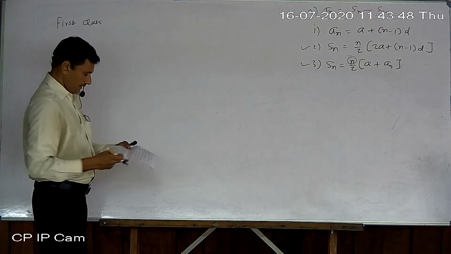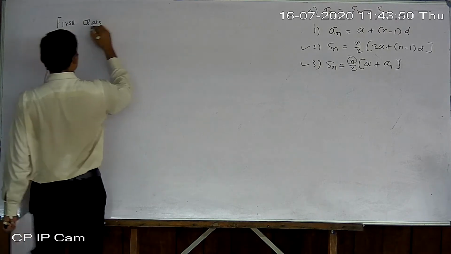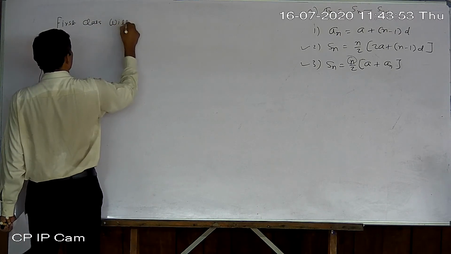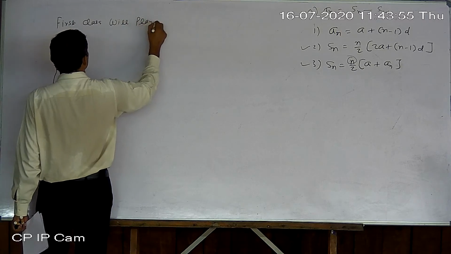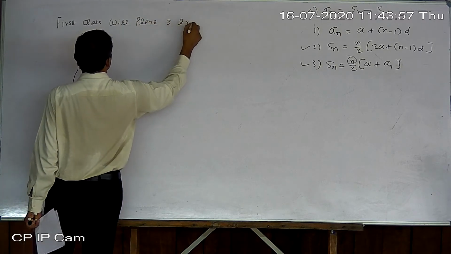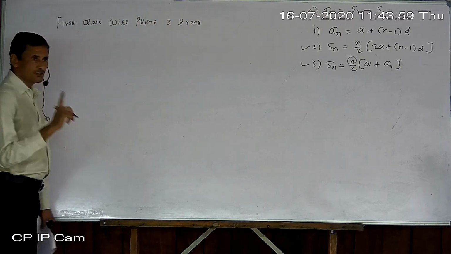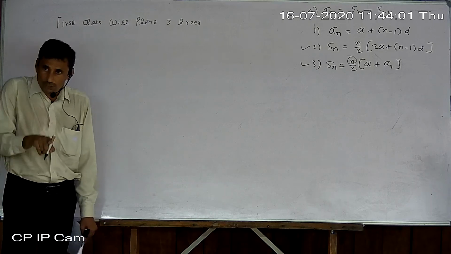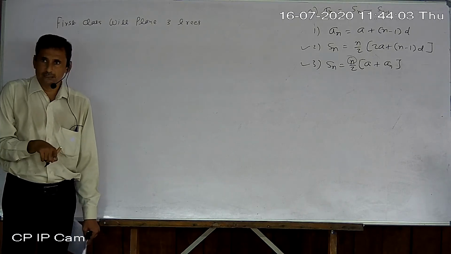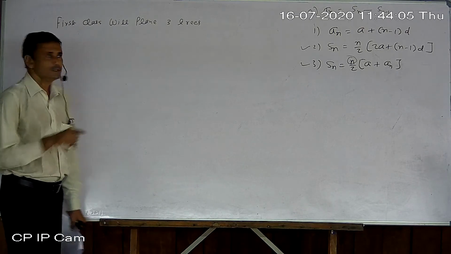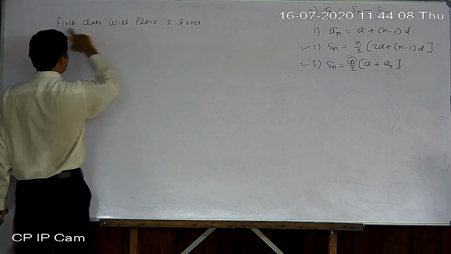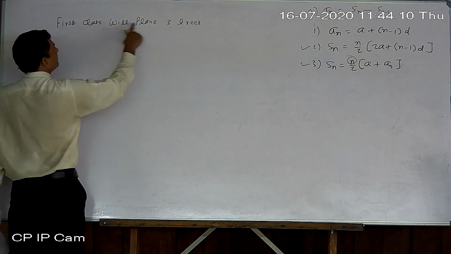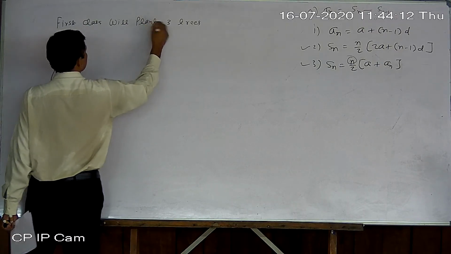A section of class 1 will plant not 1 tree but 3 trees in total. Why 3 trees? Because each section plants 1 and there are total 3 sections. So the first class, all sections together, will plant 3 trees.